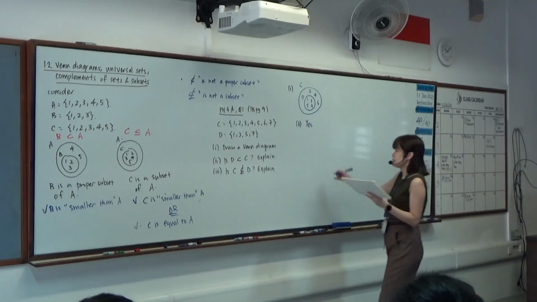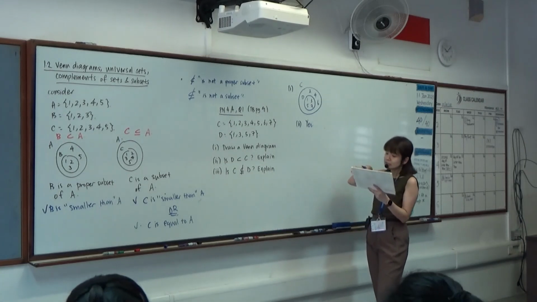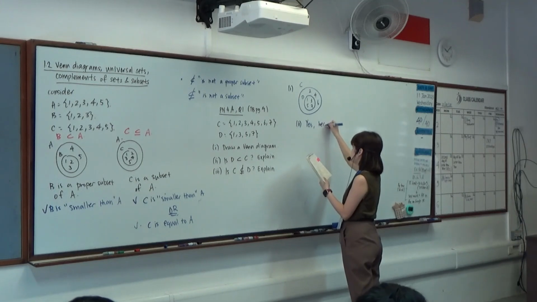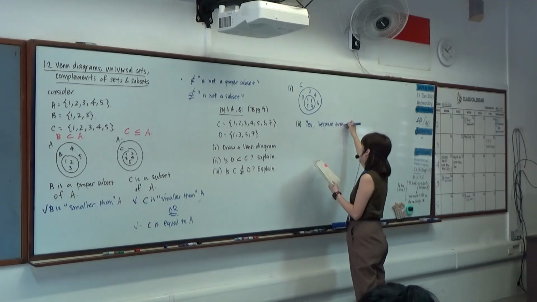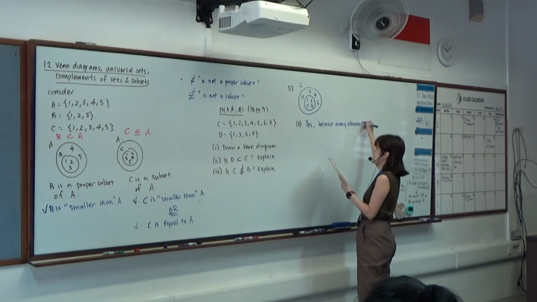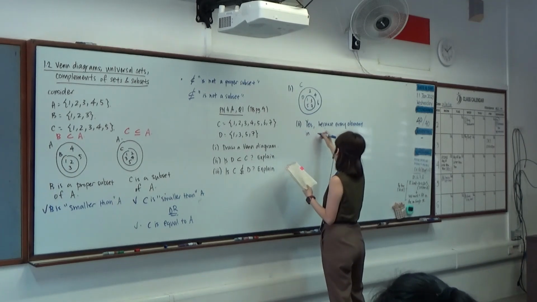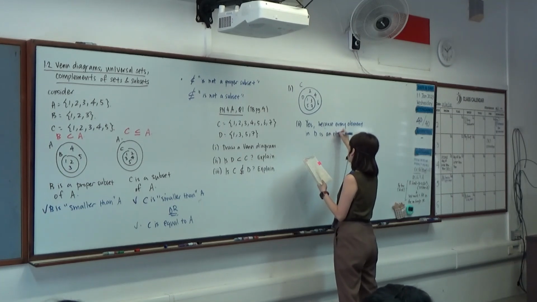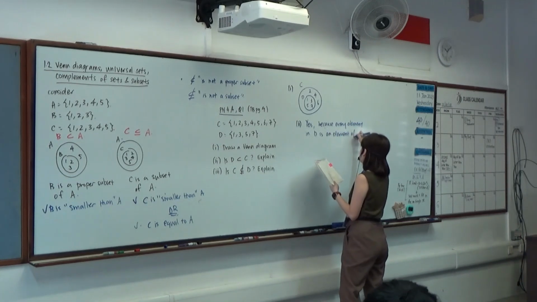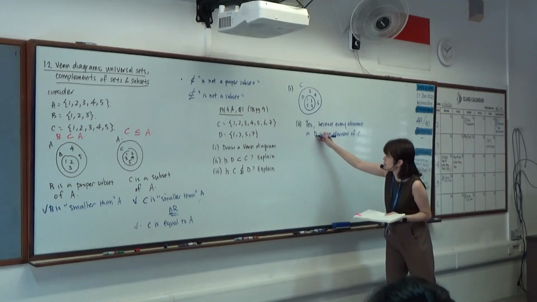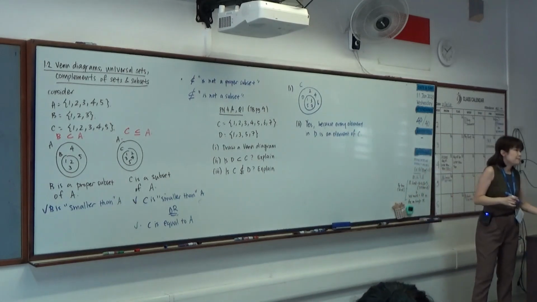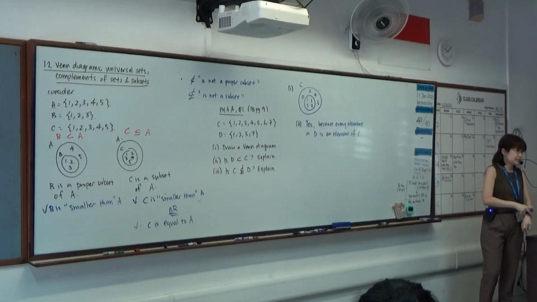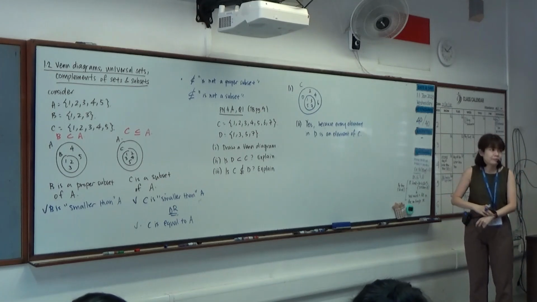So we say that it is a proper subset because every element that we see in D is also an element of C. Our idea of proper subset is that whatever is in D must be an element in C.